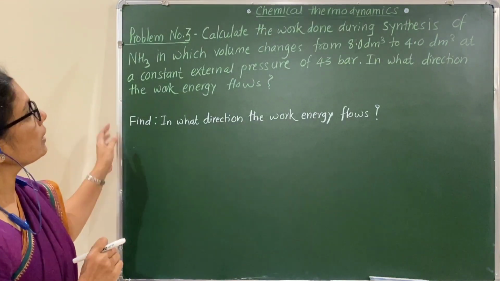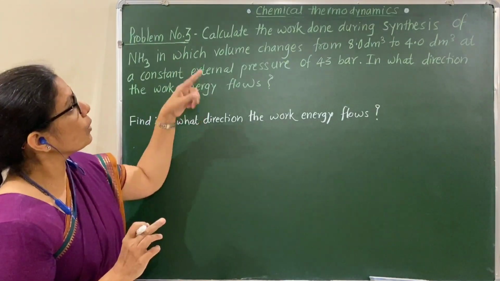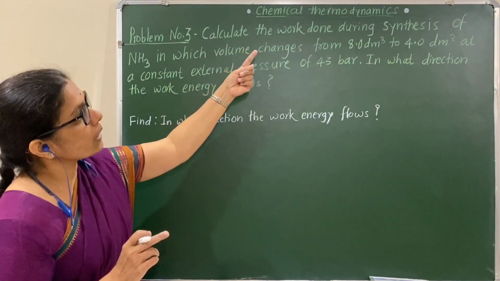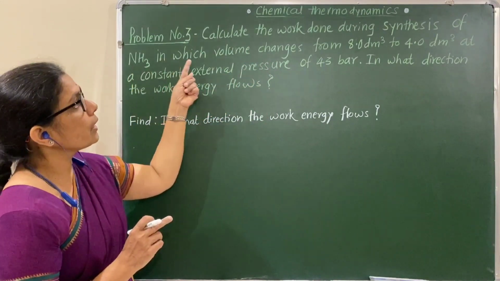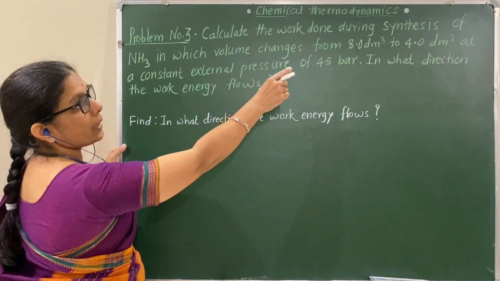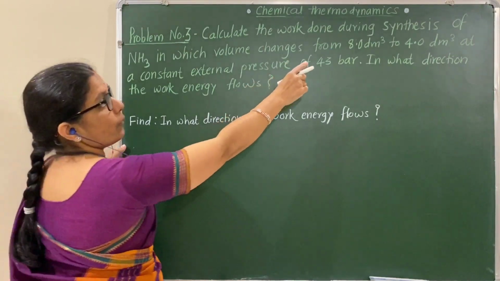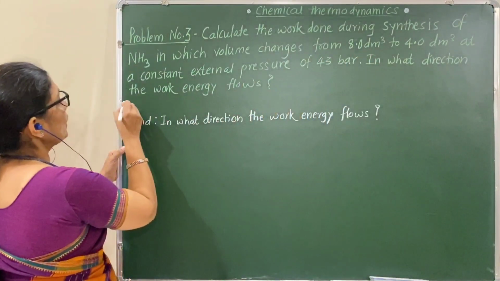Now next numerical, problem number 3. It is also from the exercise from the book. Calculate the work done during synthesis of ammonia in which volume changes from 8 dm cube, that is the initial volume.